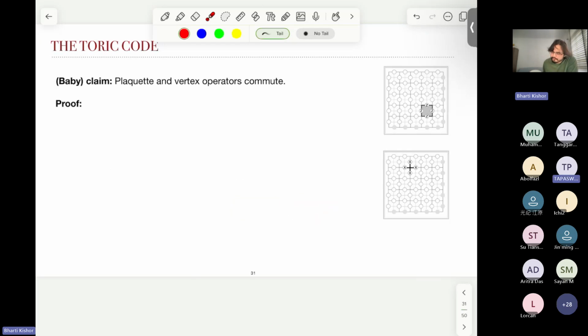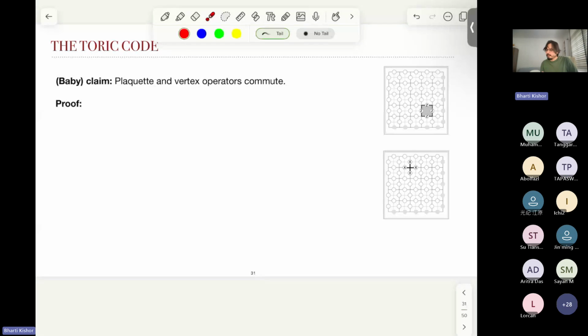Now the point is that we are working in the stabilizer formalism, and we have to ensure that all the stabilizer generators commute. Obviously, any two plaquette generators will commute, because they have only Z. Any two vertex generators will also commute, because they have all X. But the question is, can plaquette and vertex operators commute?